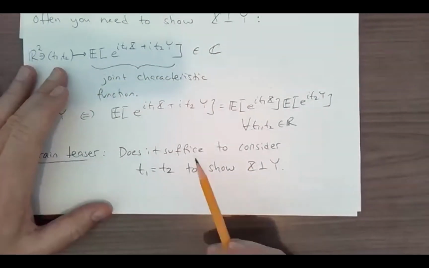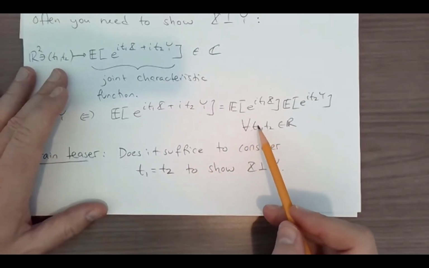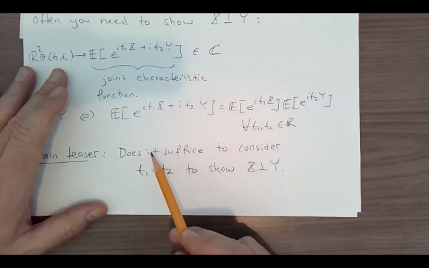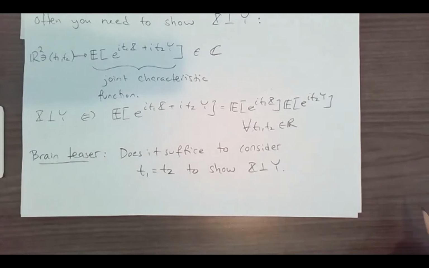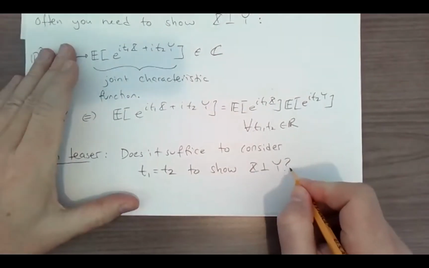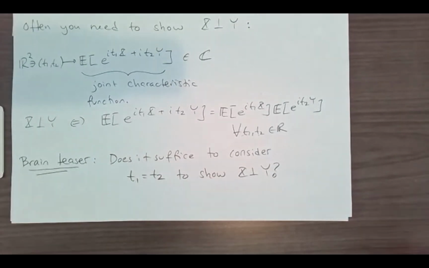In other words, is it okay just to be on a diagonal? Here it says for any T1, comma T2 in R. The question is, does it suffice, for example, to just look at T1 being the same thing as T2 to show independence? Right, so that could be a brain teaser. Anybody figure this out?